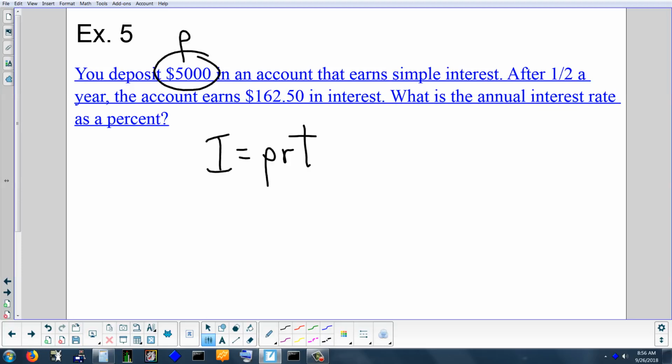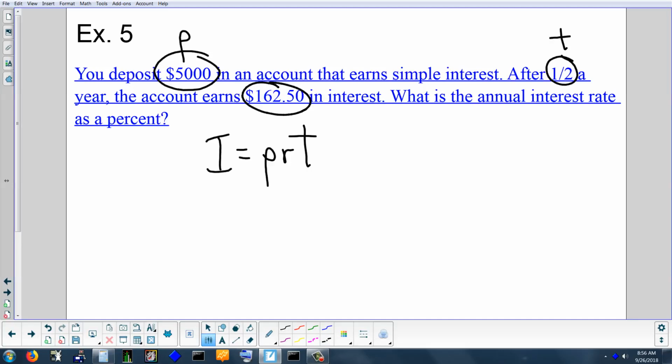Half is going to be for what? We already used P. Is it going to be the R, the T, or the I? The T, right? Time. So I'm just going to circle it, put a T. What's the next number I come across as I'm reading the problem? 162.50.